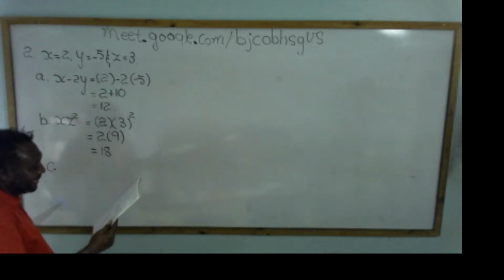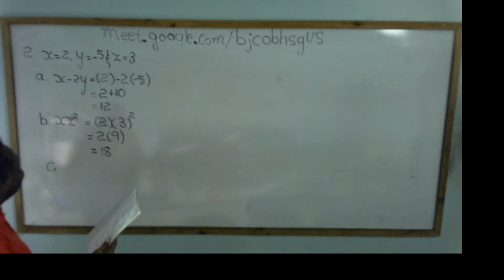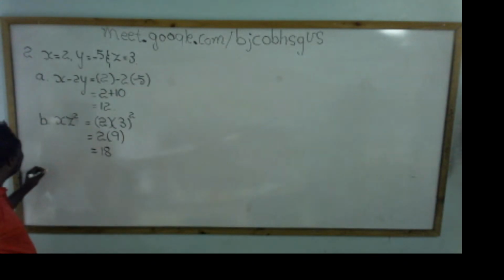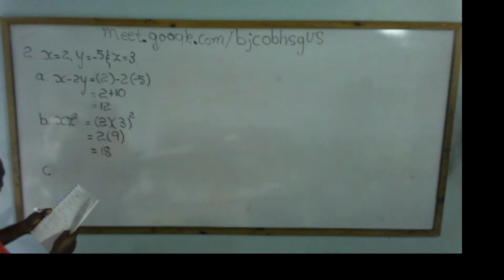We have a C there. Nice. C is supposed to be a little bit wide on the board. So for C, what do we have?